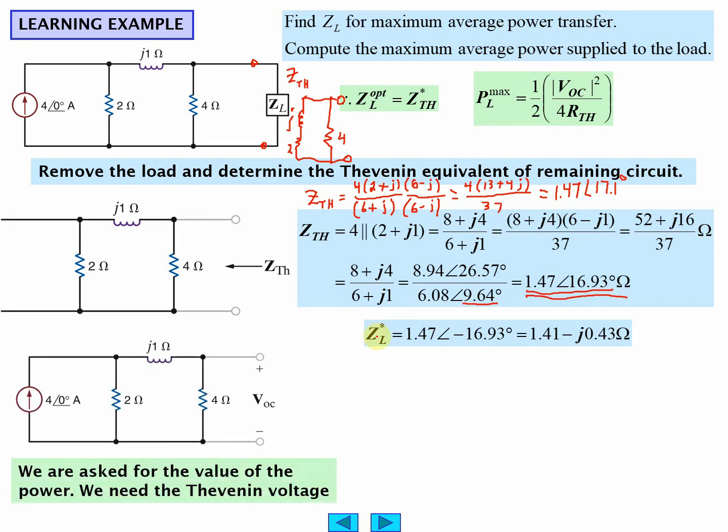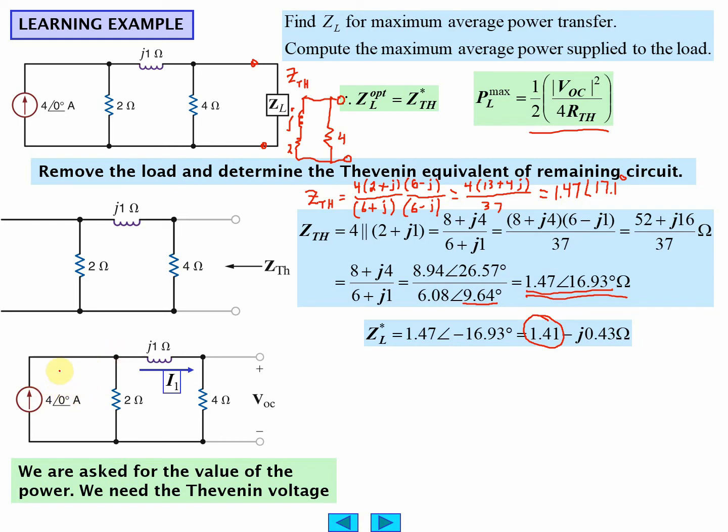Now let's figure out power, and we'll apply this equation. Now we already know RTH. RTH is right there. So we need to find VOC, and we get that by using the current divider equation.